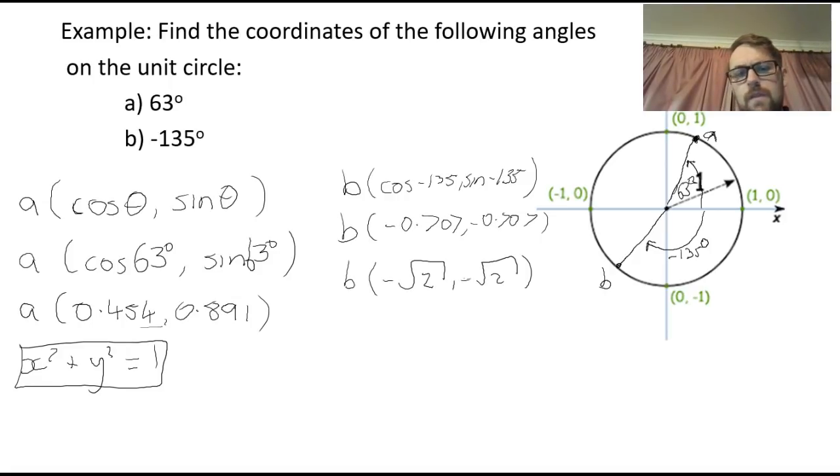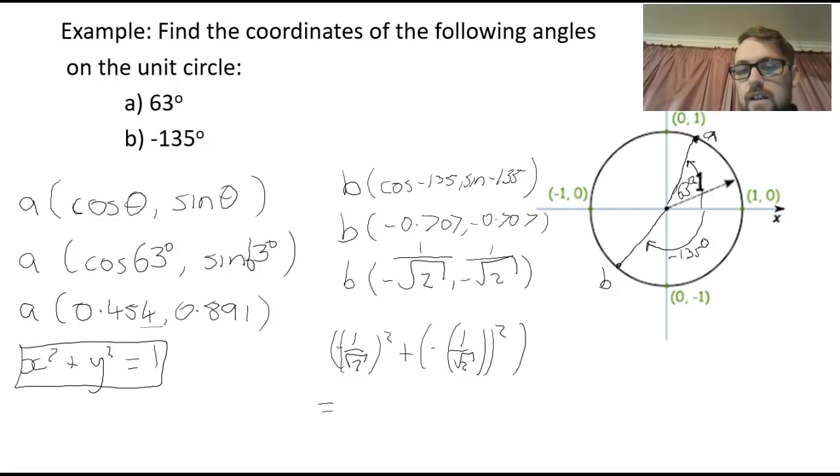So excellent. Again, if you square both of these numbers, if I square the x term, negative 1 over root 2 squared, plus negative 1 over root 2 squared, I get 1 over 2 plus 1 over 2 equals 1.